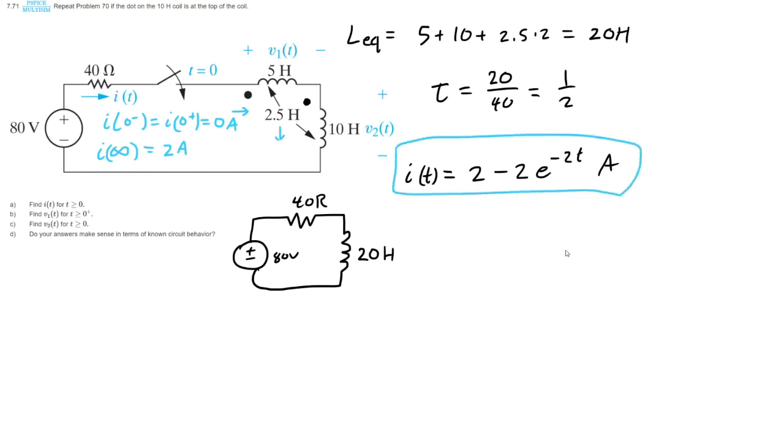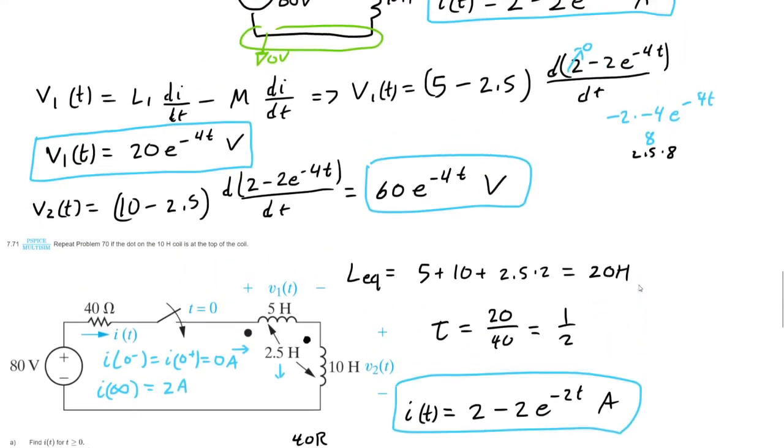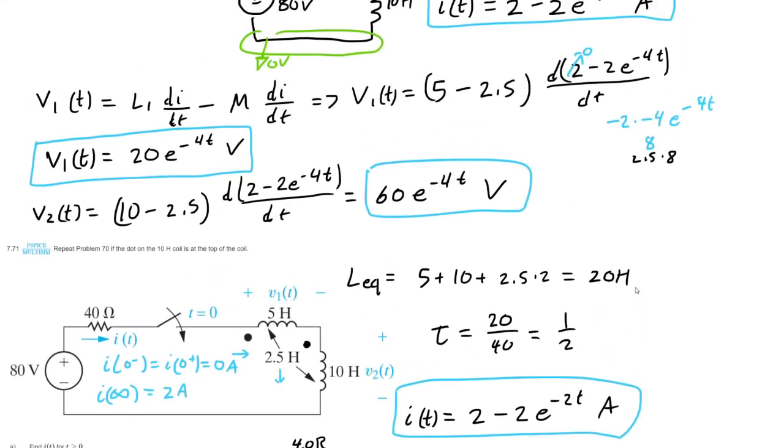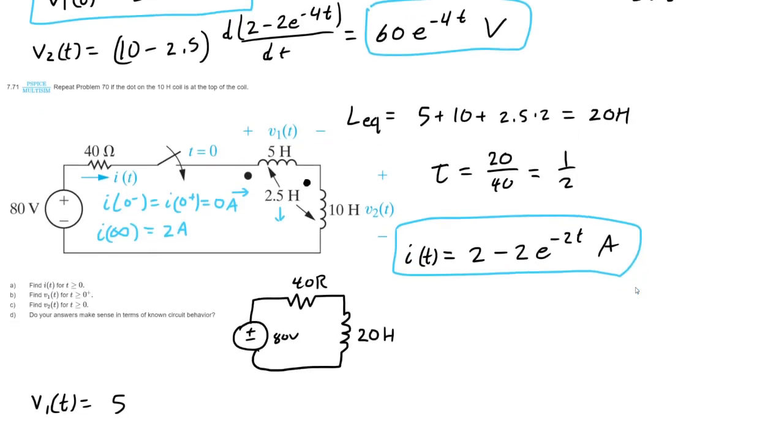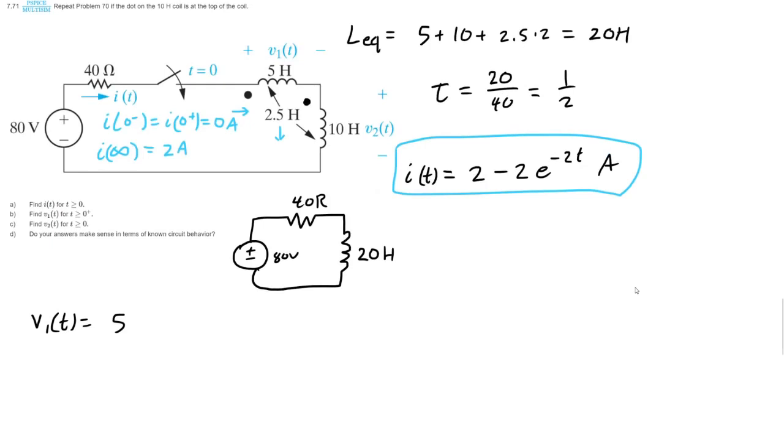And to find V1(t), let's see, L1 is 5. And unlike the last case where we were subtracting, we're going to add up.